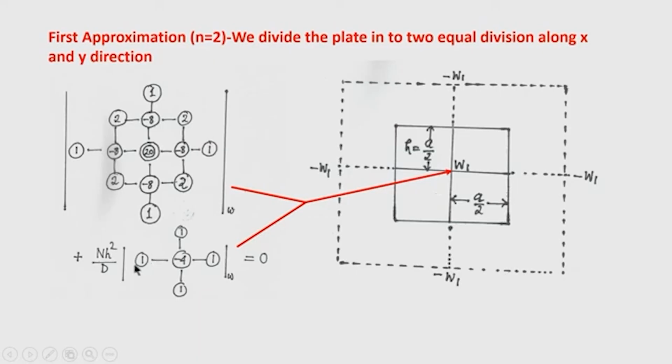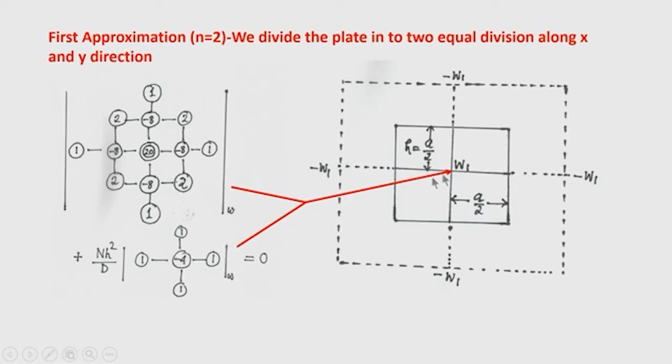Then let us see this term N a square by D times 1, minus 4, 1 vertically and 1, minus 4, 1 horizontally. That means the circle with the coefficient minus 4 has to be placed at the node.